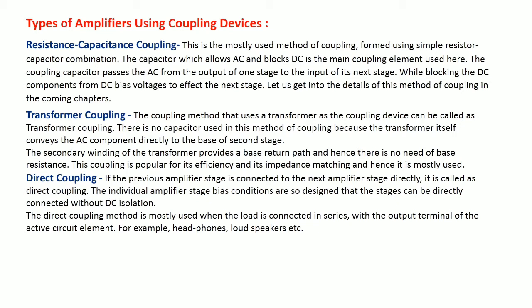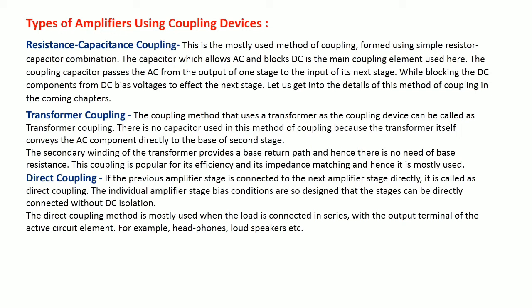The secondary winding of the transformer provides a base return path, and hence there is no need of base resistance. This coupling is popular for its efficiency, and the impedance matching is very high for the same. But the transformer coupling is bulky in nature because of the use of a transformer.